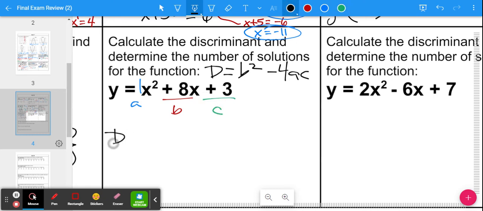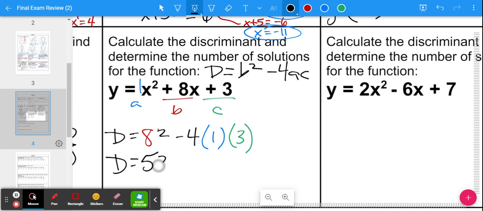So to find our discriminant, we do b squared minus 4 times a times c. And when you plug that straight into the calculator, you're going to get a discriminant that is 52.